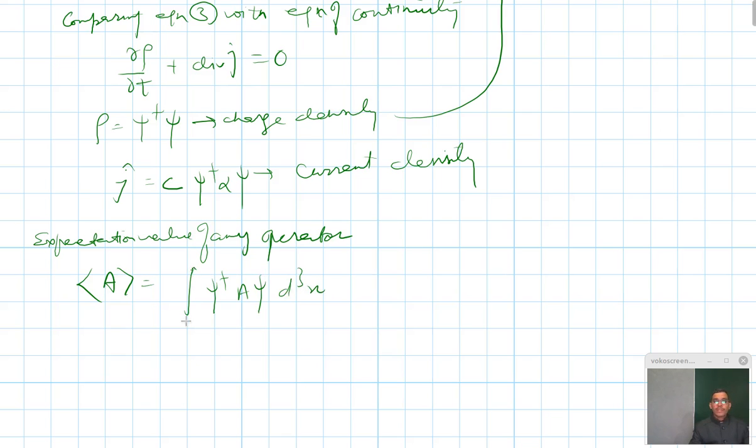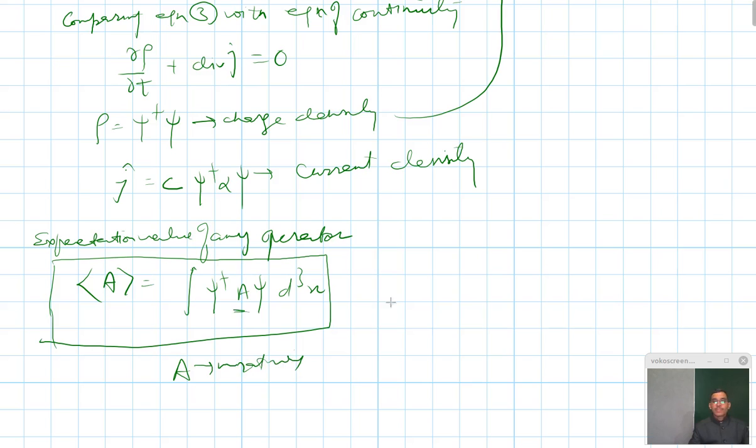So it is the expectation value of an operator, right? And this A is a matrix or operator. Here this A can be written in the form of a matrix because psi dagger and psi are also matrices, right? So in this lecture we evaluated the expression for charge density and current density, and we have also talked about the equation of continuity. And then the idea of this has been further used to calculate the expectation value of any operator. So that's all for this lecture.